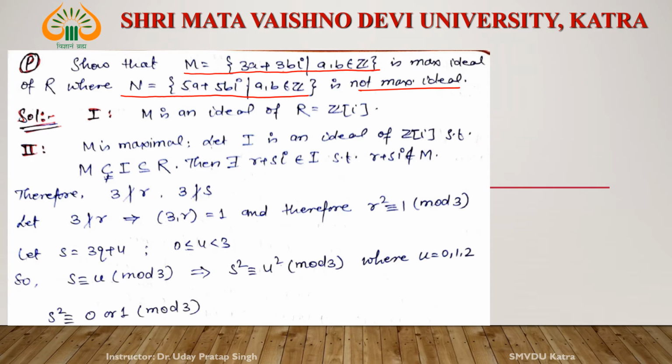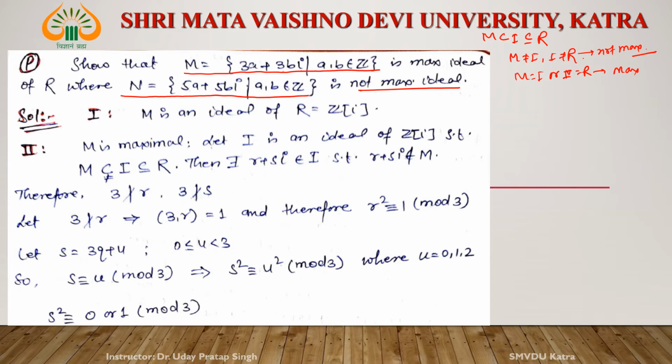Then we know that if M is maximal, then M is a subset of I, a subset of R. If M is not maximal, then M does not equal I and I does not equal R. But in case M is maximal, then M equals I or I equals R. This is the case of maximal, and this is the case of not maximal.